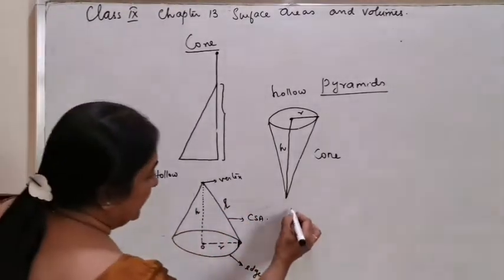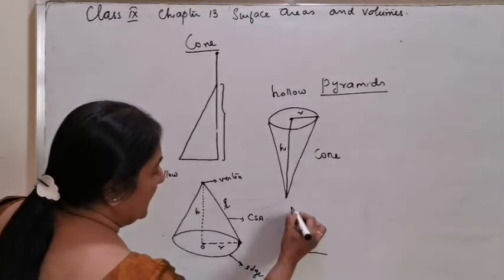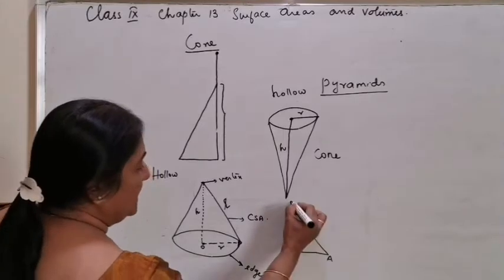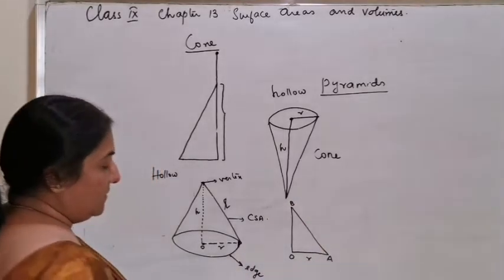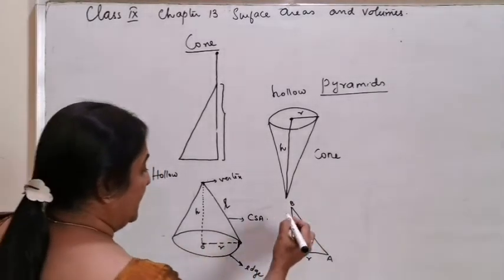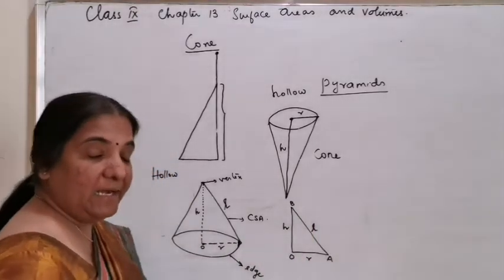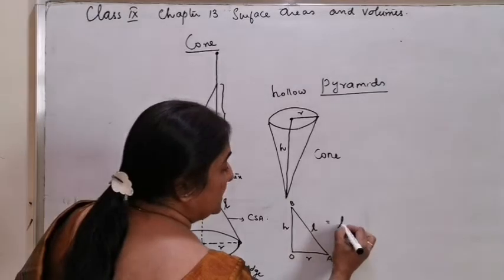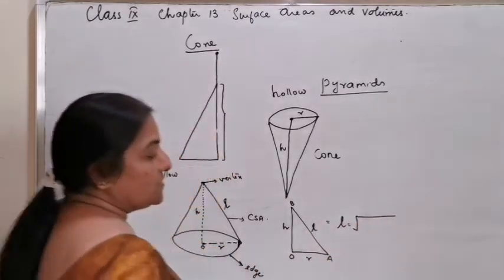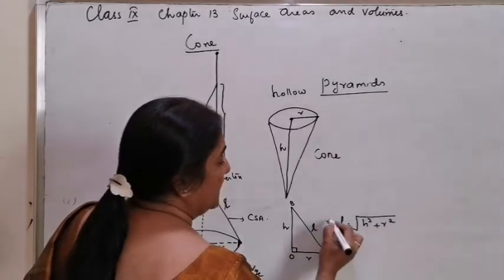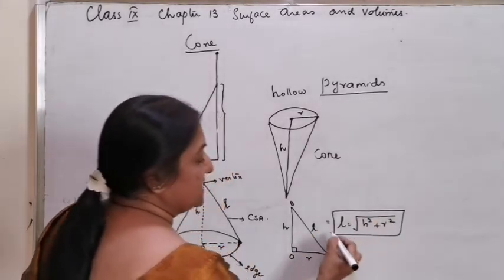If you consider this right triangle OAB, OA length is r, OB length is h, AB length is L. How do you find out the slant height of a cone? It is square root of h square plus r square by using Pythagoras theorem.